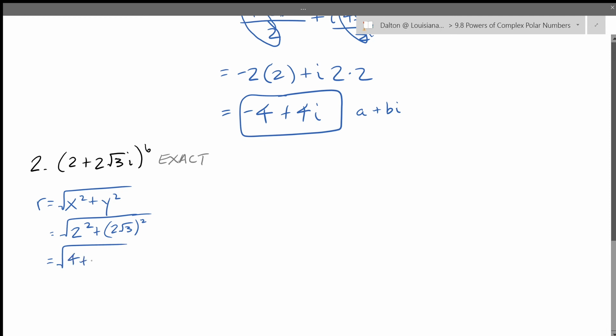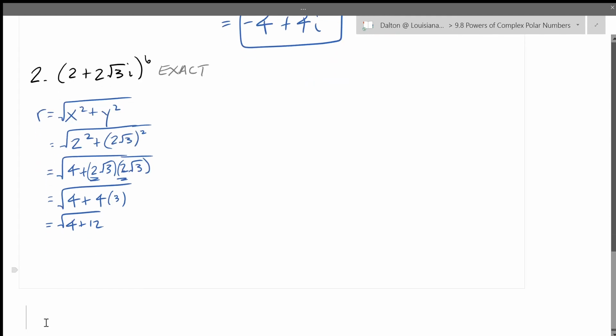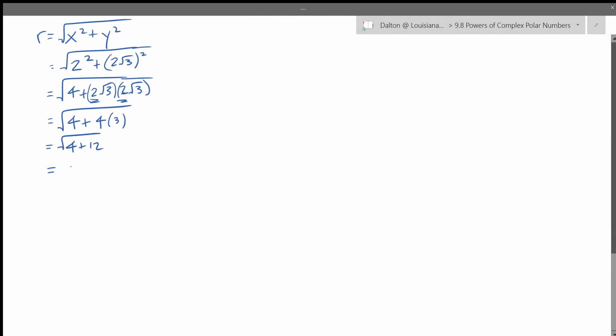And then 2√3 squared is the same thing as 2√3 times 2√3, which will be the square root of 4 plus, 2 times 2 is 4, √3 times √3 is just 3, so this would be the square root of 4 plus 12, which is 16, and then we know that the square root of 16 is just 4. So we know r is 4.